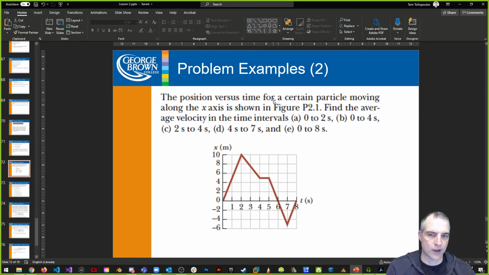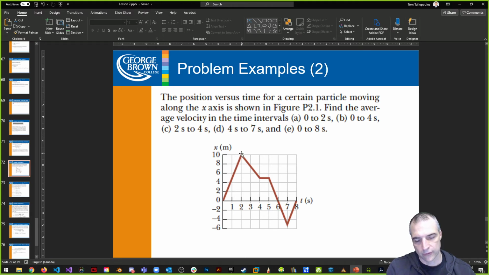Problem example number 2. The position versus time for a certain particle moving along the x-axis is shown in the figure here. Find the average velocity in the time interval 0 to 2 seconds. Well, we know the displacement is positive.